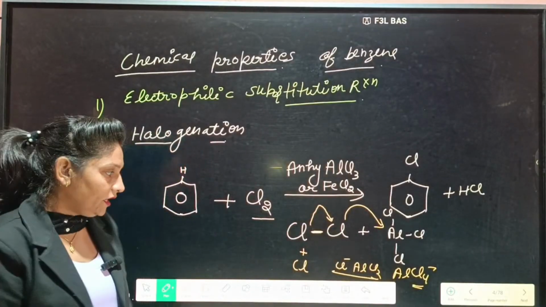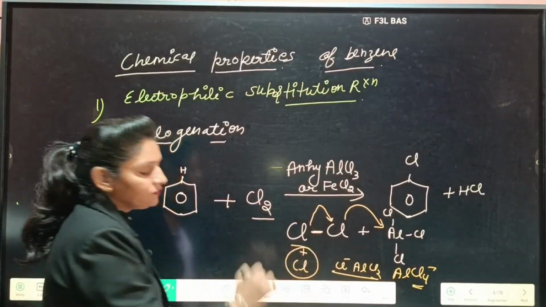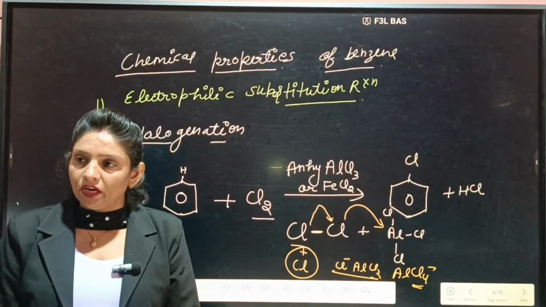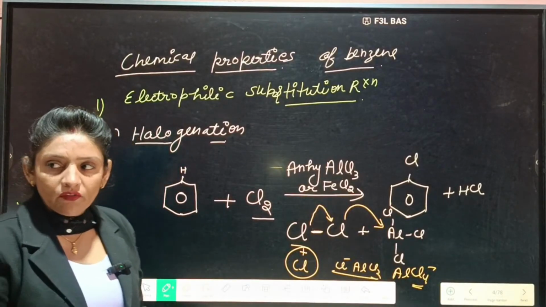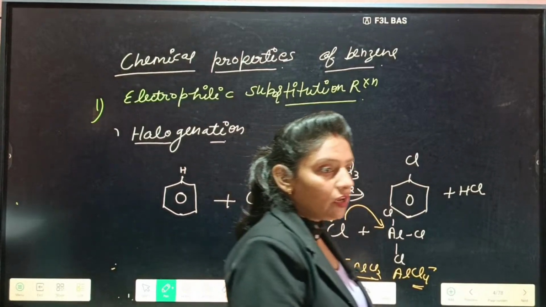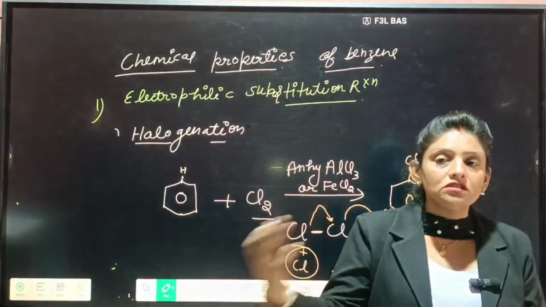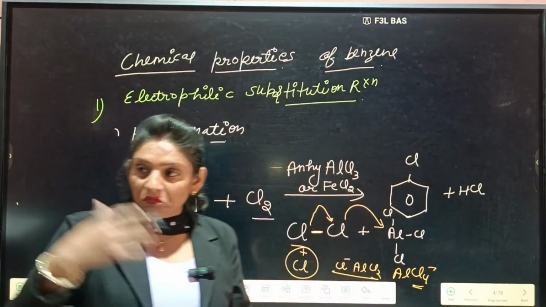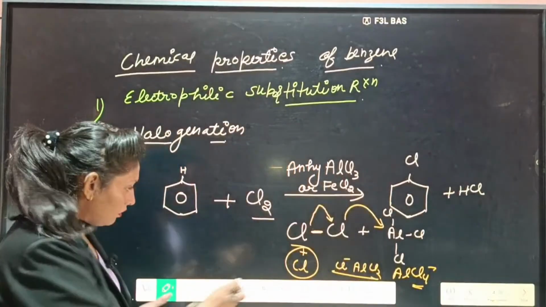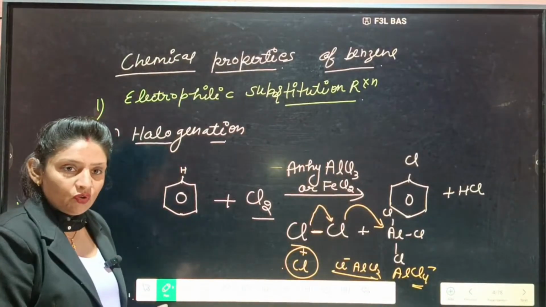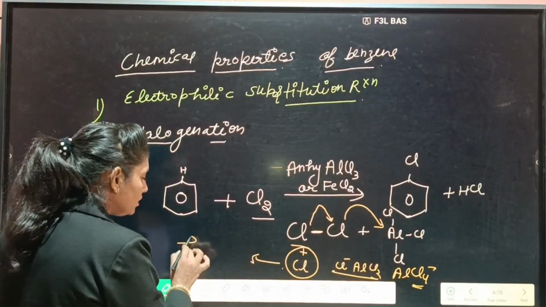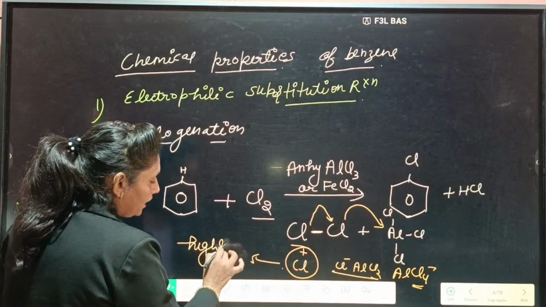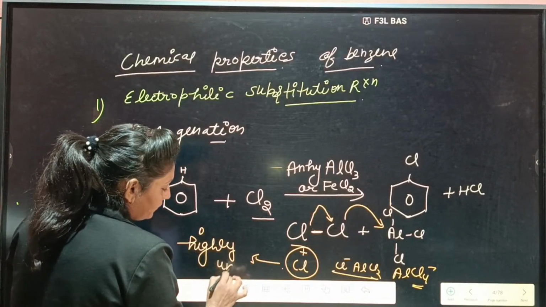So in this way, chloronium ion forms. We know very well chlorine is a more electronegative element because it is a halogen. But here the positive charge is making it highly unstable.